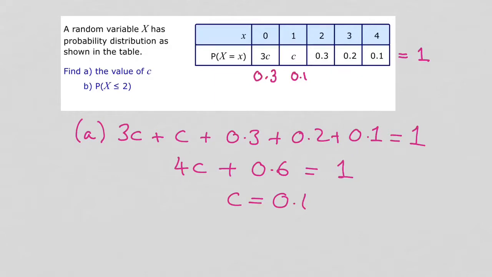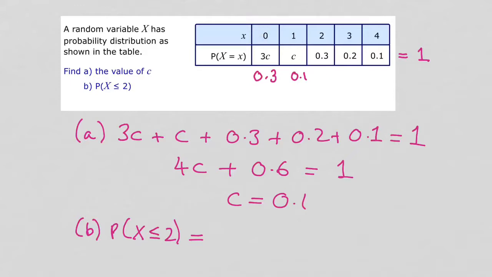Now in part B, it's asked us to work out the probability that x is less than or equal to 2. Well, this is actually a lot easier than it initially looks, because if x can be 2 or less, any of these would be fine. So let's imagine it's some weird dice that I'm rolling. I want any value 2 or less.